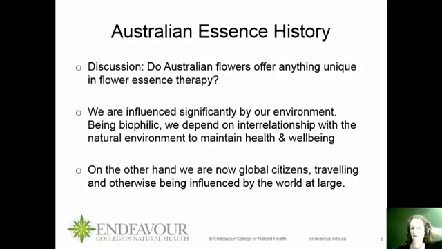Another thing that I hear quite a lot is that Australia is quite a pristine environment in comparison to other parts of the world, and that there hasn't been massive world wars like you see in parts of Europe. There hasn't been a great deal of trauma that's been potentially imprinted into the land itself.